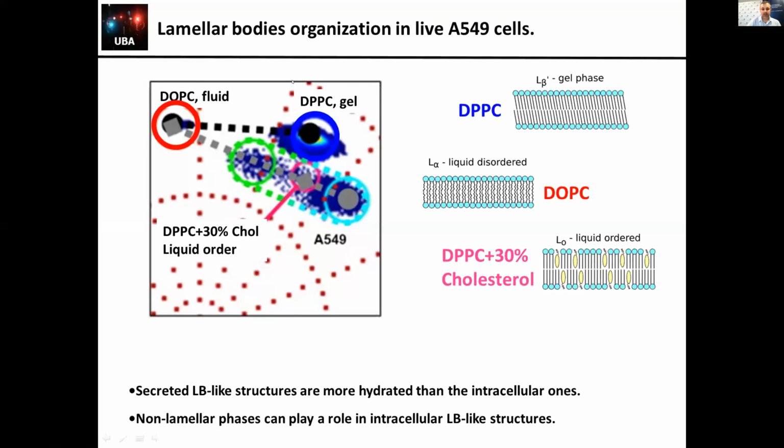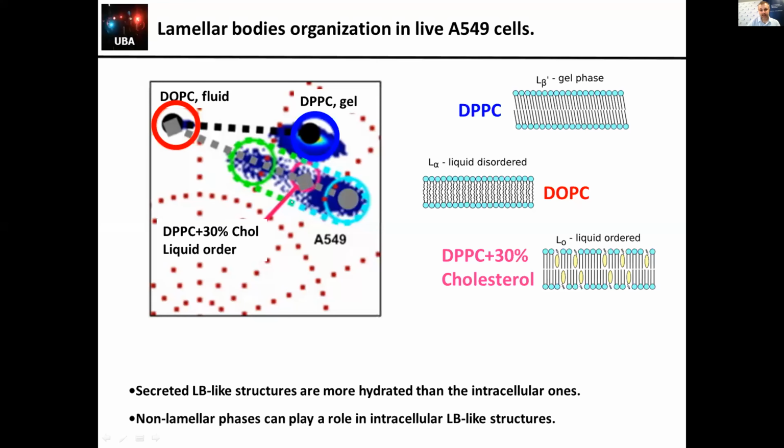Then you may see that we have some sort of triangle here. And if our lamellar bodies have a membrane phase, which is any of these linear combinations, the lamellar body should be on this linear combination, any of those. So if the lamellar bodies were gel phases, as this paper showed before, they should be somewhere here or there, with different fractions of fluid, whatever.